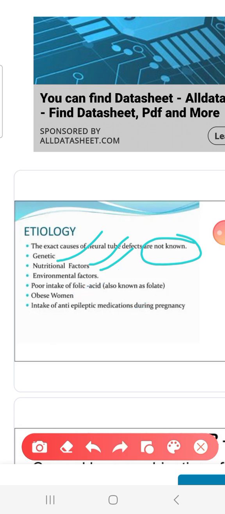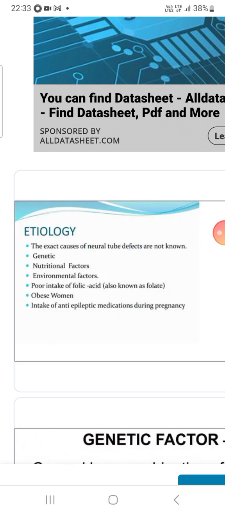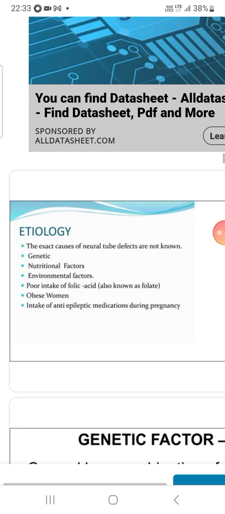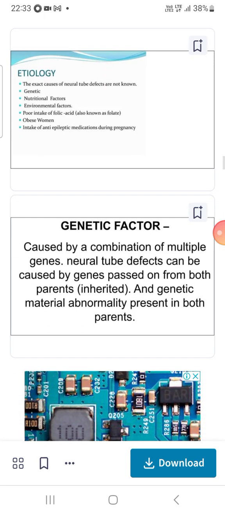These are the characters that occur during pregnancy and develop neural tube defects. Here are some points related to the etiology.